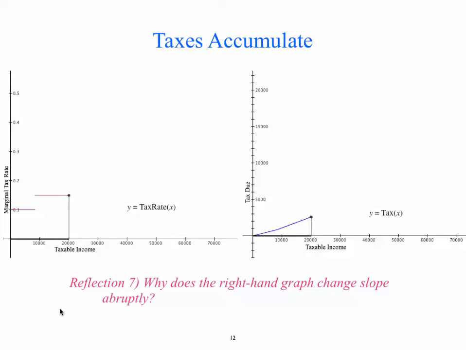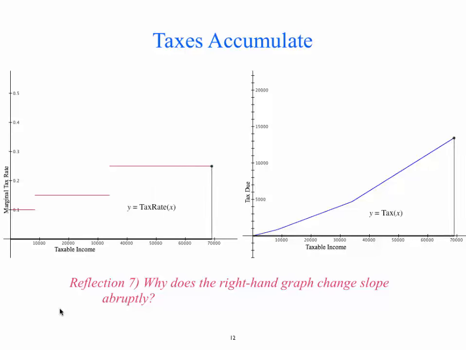Okay. Like we said, the rate function itself changes value abruptly. It's the same question, right? It's the different ways that rate of change is shown on the two different graphs. So if there's an abrupt jump in the tax rate, that's going to be shown as a change in slope on the tax function.